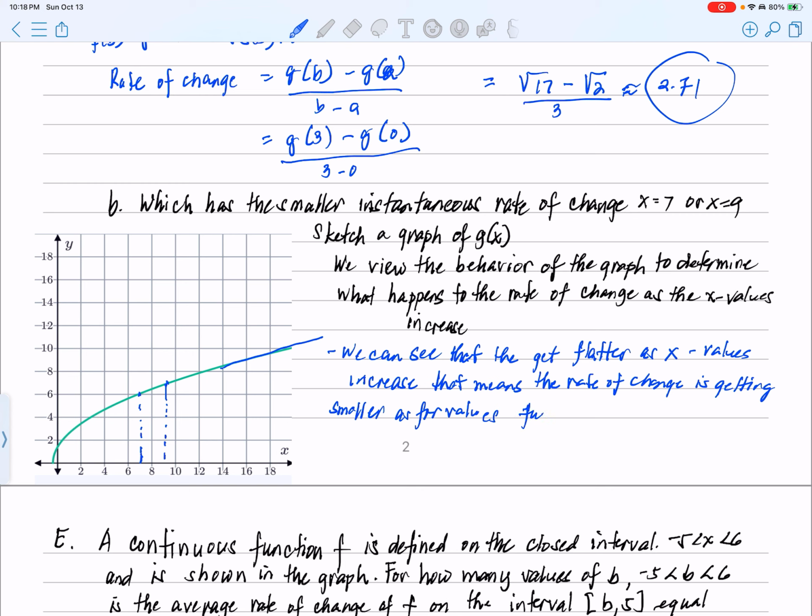Move further to the right. So what will happen?